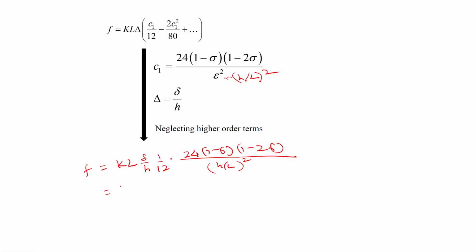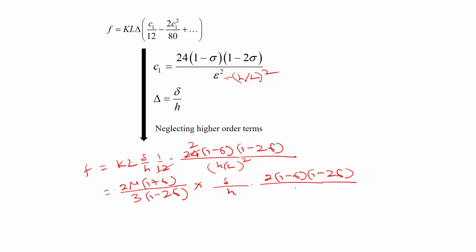Is that correct? 2 mu 1 plus sigma by 3 into 1 minus 2 sigma, into, let us say I put it directly 2 here, delta by h here, and then here it is 2 into 1 minus sigma by 1 minus 2 sigma by h by L whole square. So, therefore, this 2 is there. So, now this 1 minus 2 sigma into 1 minus 2 sigma gets cancelled.